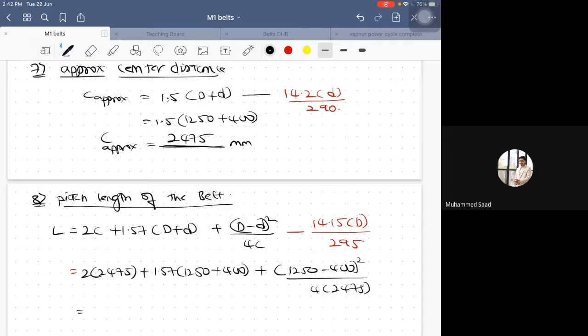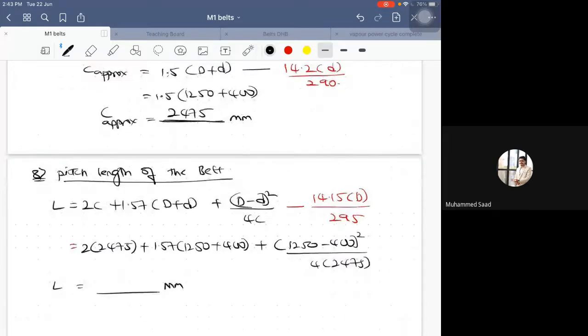So from this, what is the length of the belt? Okay, 7613.5.